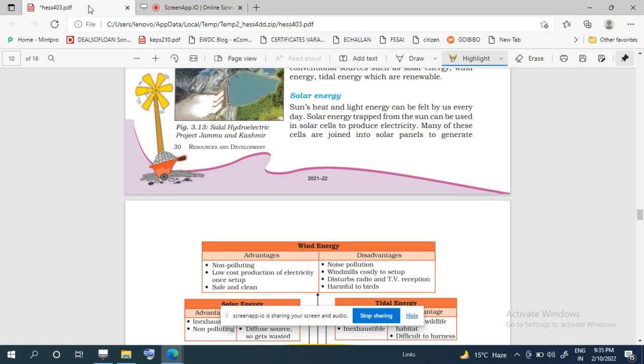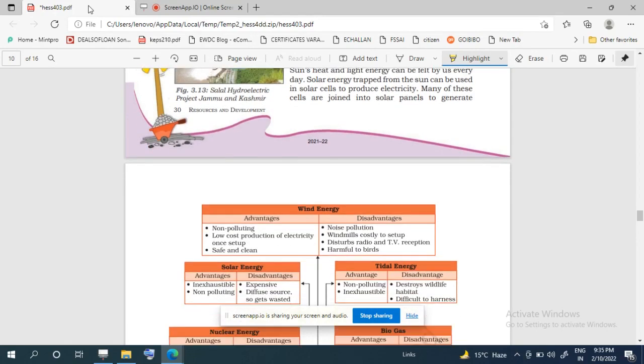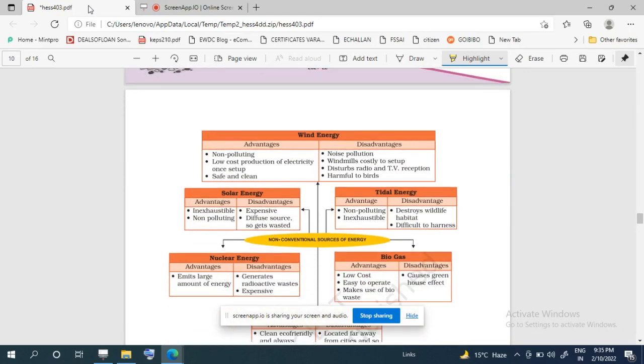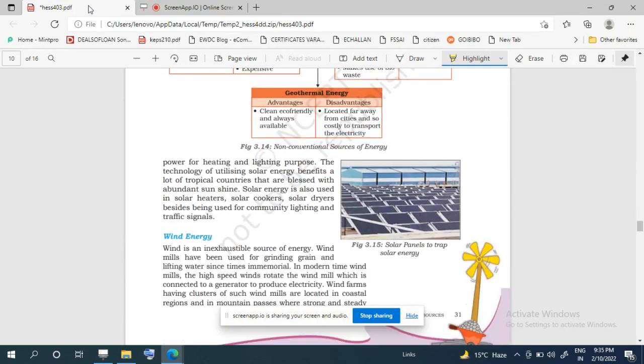You know, solar cells are there. These solar cells are joined into solar panels, है ना? बहुत सारे सोलर सेल्स होते हैं जिनको कि ज्वाइन करके सोलर पैनल बनाया जाता है, and that solar panel generates electricity from the heat and light of the sun.